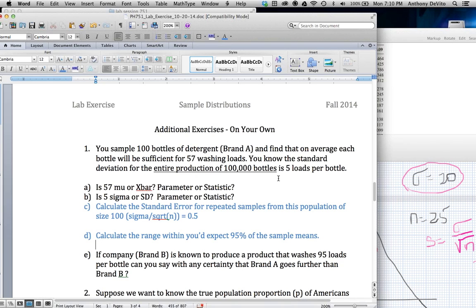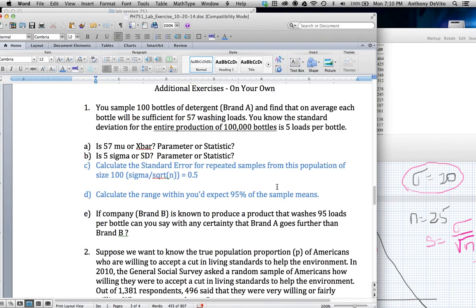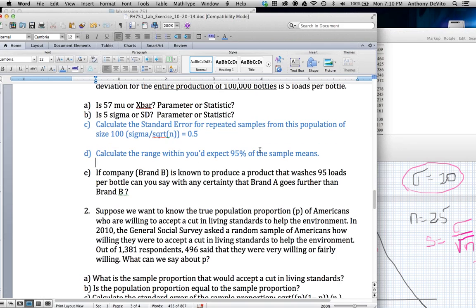But knowing the central limit theorem, I know that 95%, if I resample this distribution over and over and over again, my results are only going to vary by so much based on the sample size and the variability of the population itself, which I know is 5.